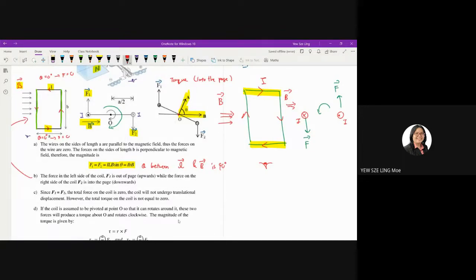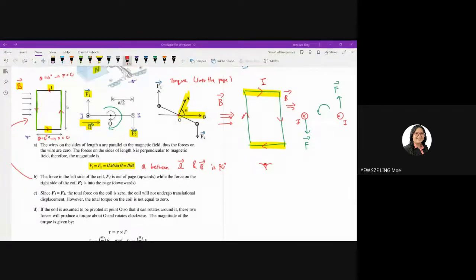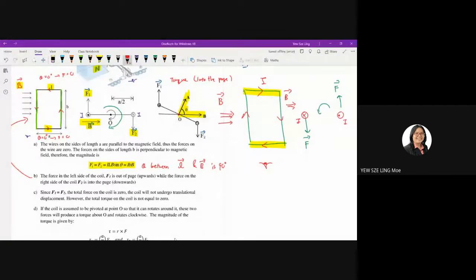If you look at it from the bottom view, then you are going to get an upward force or downward force. It depends on how you sketch the diagram. So again, the question comes back to how you sketch the diagram. That's why sketching is very important in physics, because it helps the examiner to understand your idea, your view.